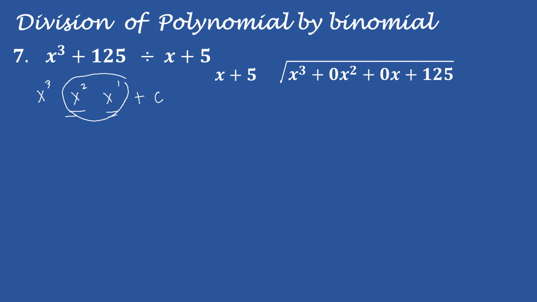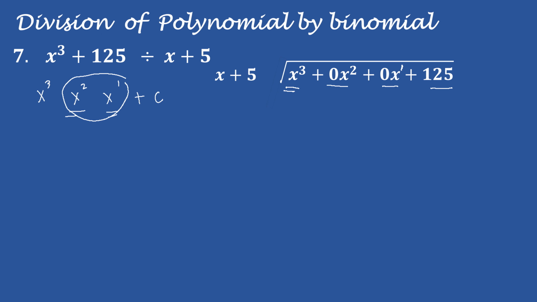As we have known, the missing terms or the missing degree should be replaced by a 0 times that literal factor. So therefore, as given, we have x cubed. The two missing terms are the 0x squared and the 0x to the 1, and then the constant.